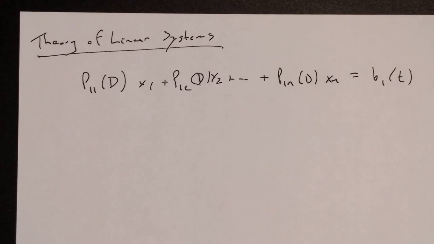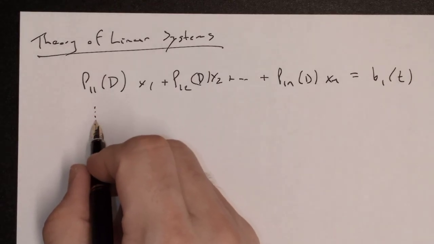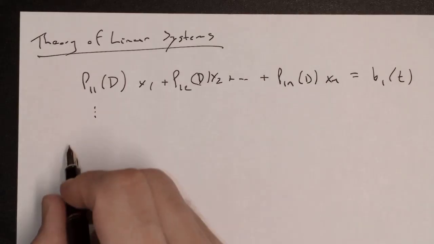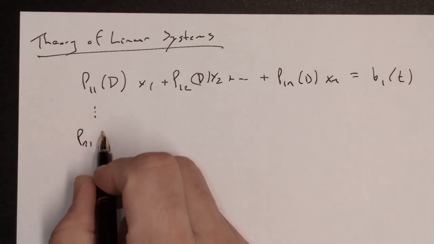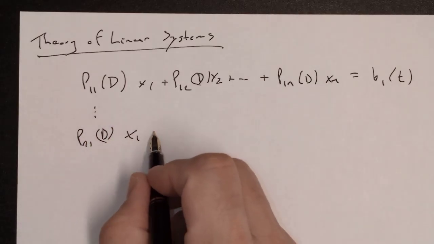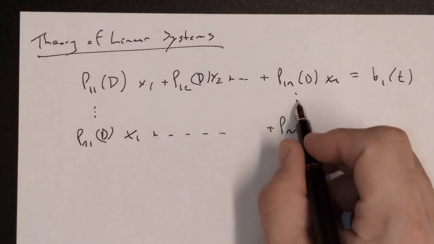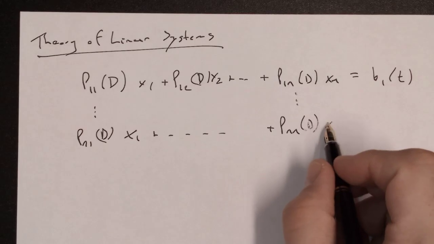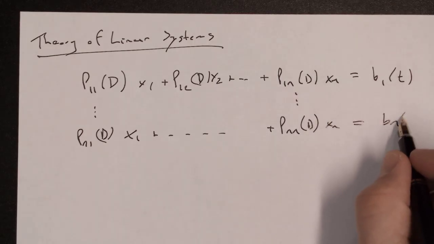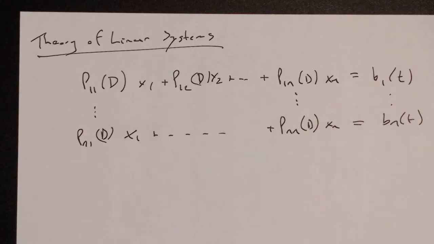But we had more than one equation like this, so maybe I have n equations. Right? Because we were doing 2 equations in 2 variables and 3 equations in 3 variables.